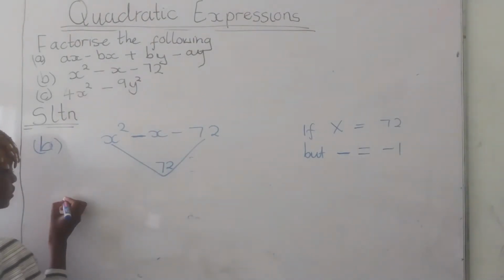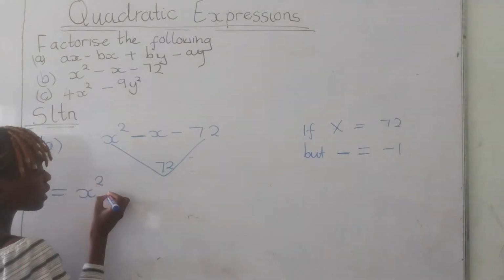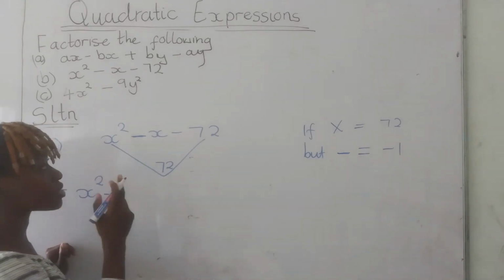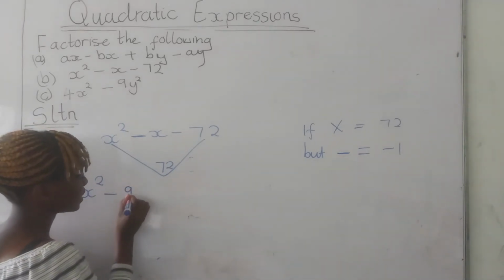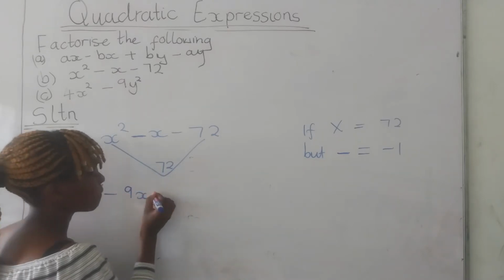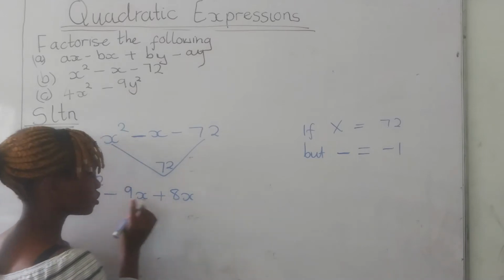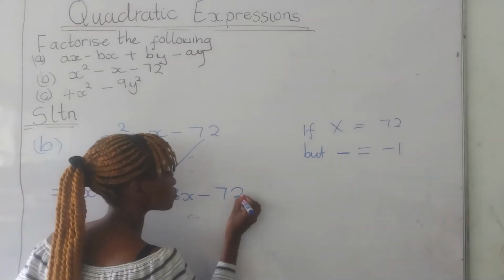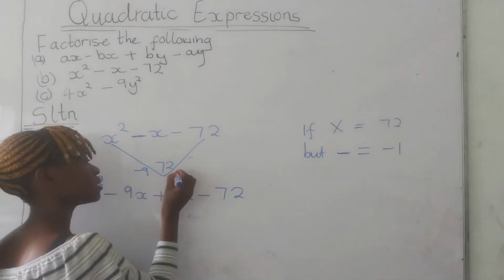So this part is equal to x squared minus, so what would give us a minus 1? That would be minus 9x plus 8x, this would give us a minus 1, minus 72. So here it will be minus 9 and 8.